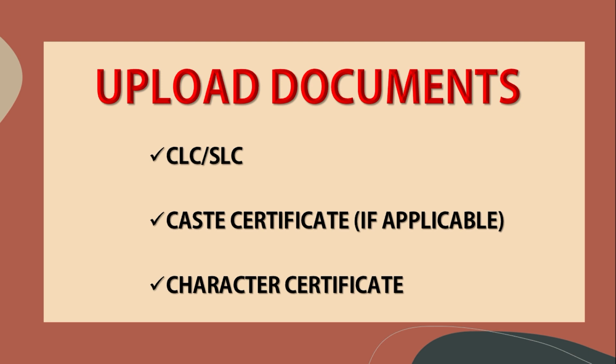After the successful payment of your admission fee, please upload your college living certificate or your school living certificate, your caste certificate if applicable, and your character certificate. Your online admission will be confirmed and notified by the admission office after the verification of your documents.